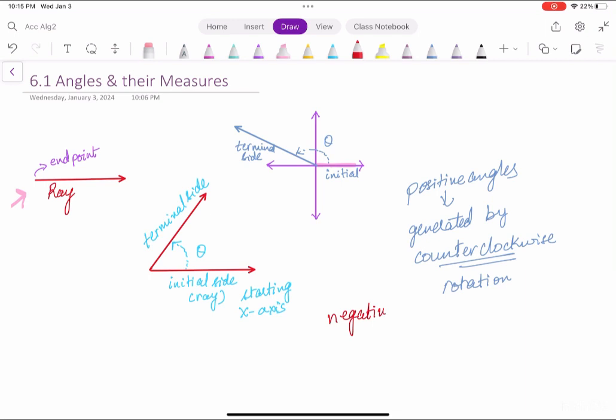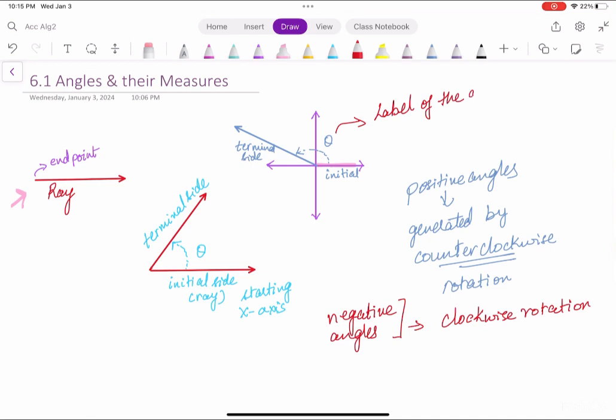The negative angles are generated if the rotation is clockwise. Unless and until it is specified, we always consider that the rotation is counterclockwise. That implies that the angles are positive. If they specifically mention clockwise, that implies that the angles are negative angles.